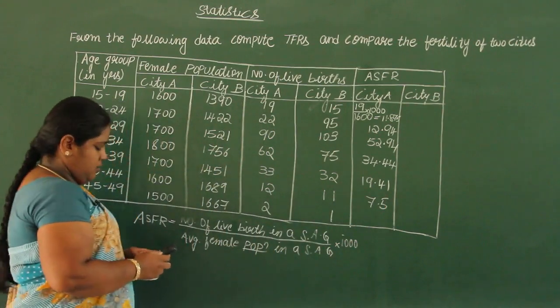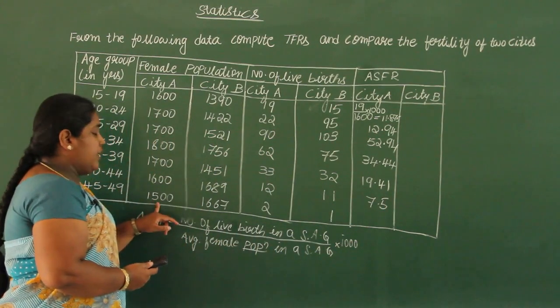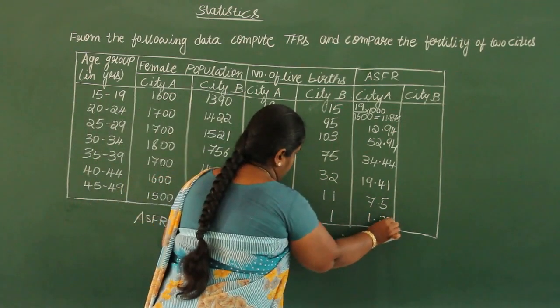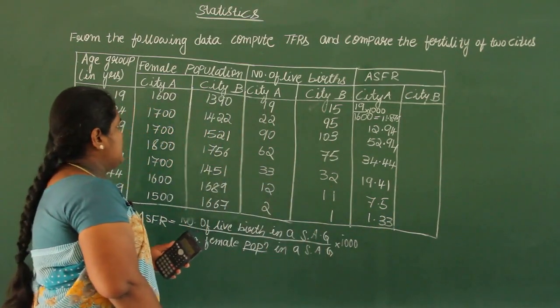And the last one, 2 divided by 1500 into 1000, it is 1.33. Then calculate similarly in the same manner for city B.